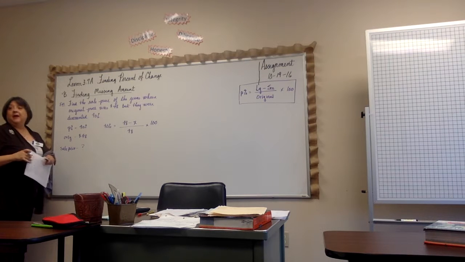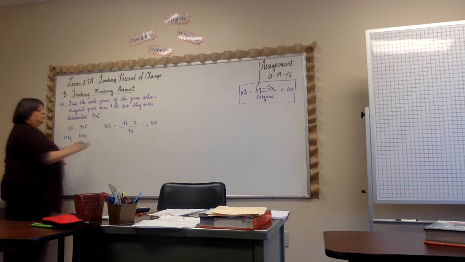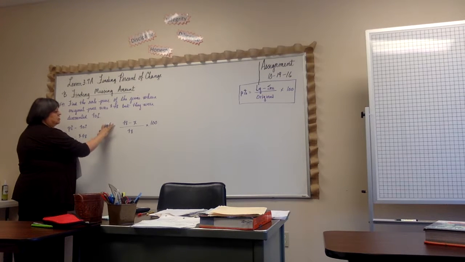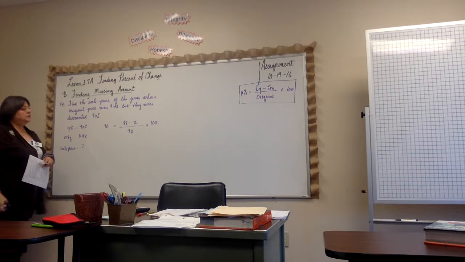And we multiply by 100. So you follow the same formula. And we're going to calculate what the X is. Okay, so actually, let me erase this. You don't need this symbol. That's just going to get in the way. I'm just going to let it be 40.